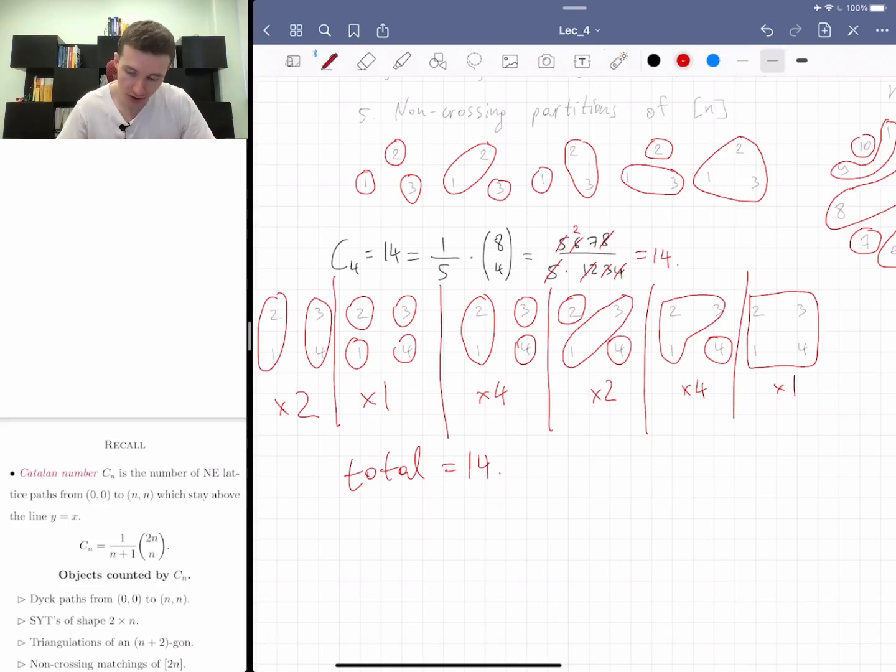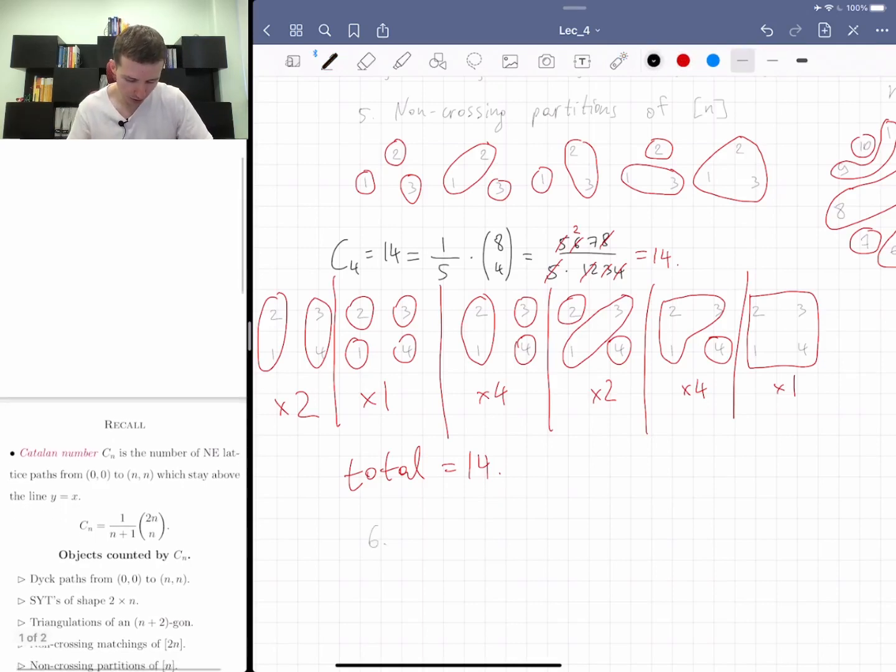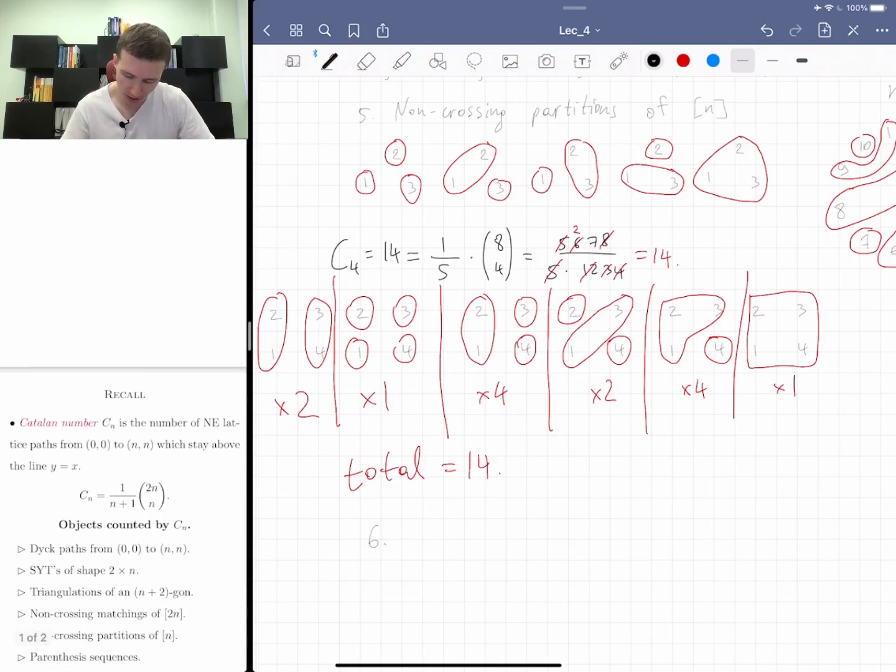Okay, there's more. So another object is parenthesis sequences.